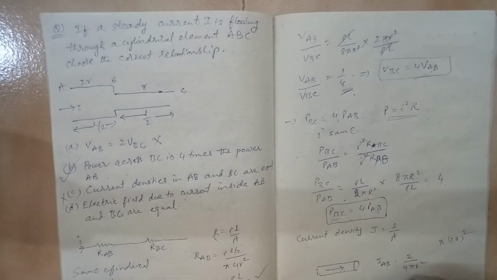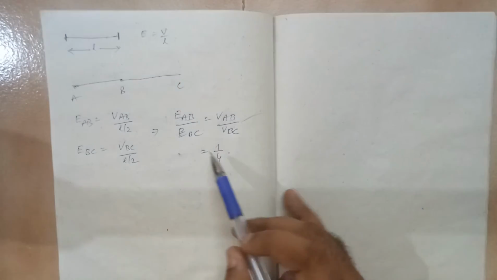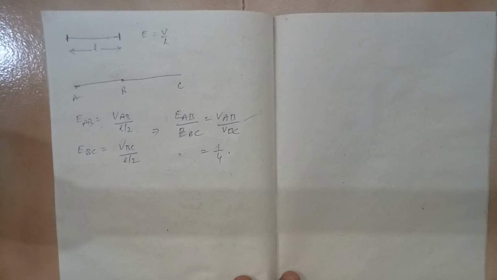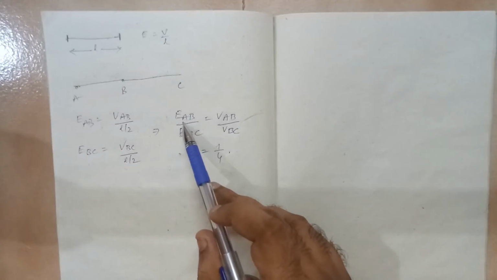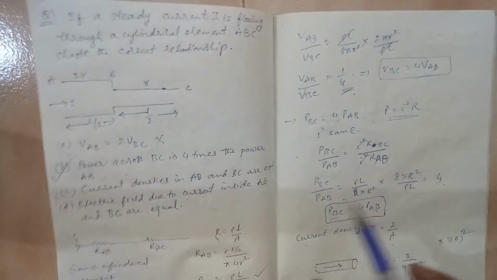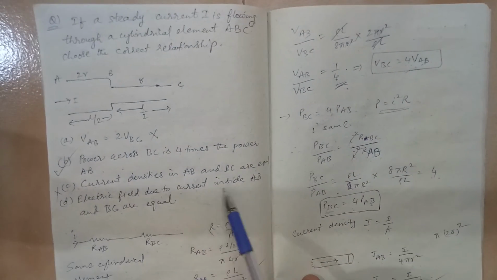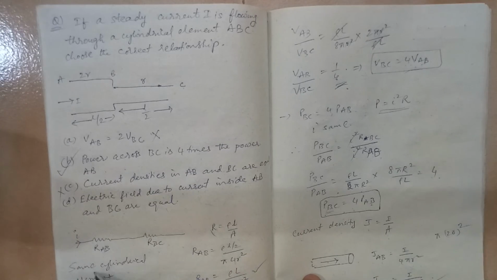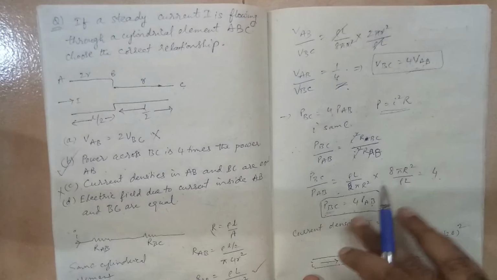If it is 1, it will be equal, but if it is 1 by 4, then EAB is not equal to EBC. It means EBC is 4 times EAB. So option 4, electric field due to current inside AB and BC are equal, is not correct, they are unequal. So only option B is the correct answer.